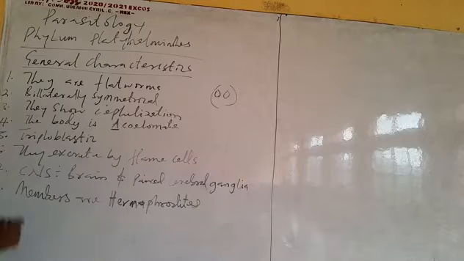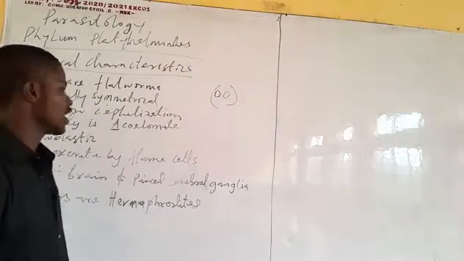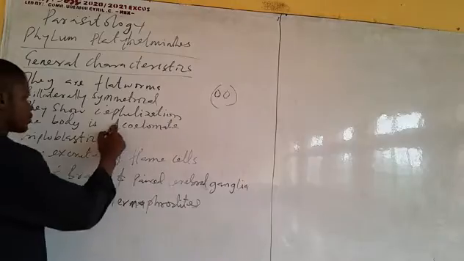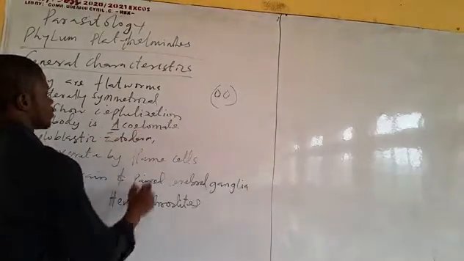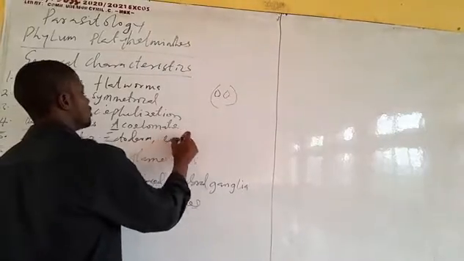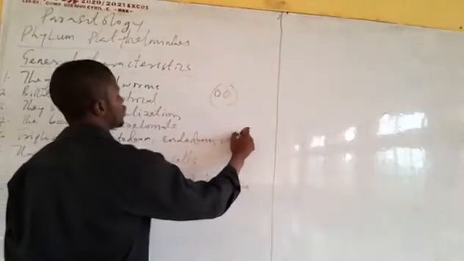Another characteristic, number 5, they are triploblastic, meaning that they have 3 layers. They have the ectoderm, the endoderm, and the mesoderm.